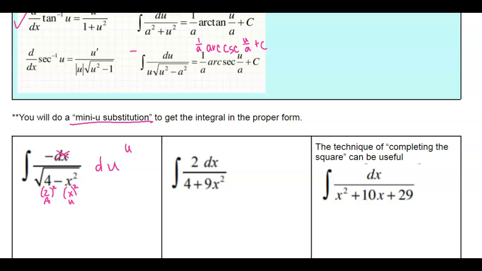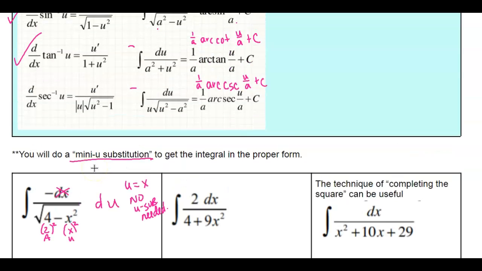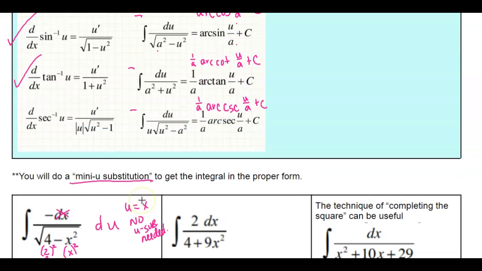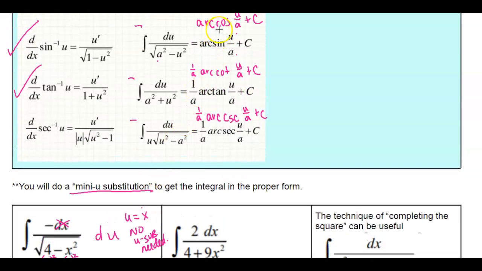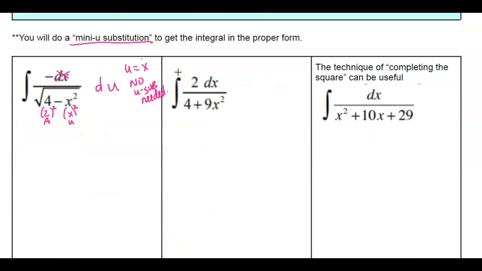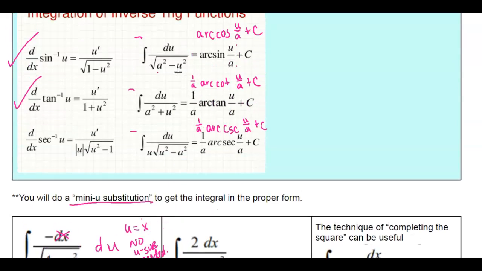So since U equals X, I don't really need a U substitution, okay? If it was more than just X, then you would need a mini U substitution. So since I've matched this up, I don't have to do a mini U substitution, we're just going to memorize that it's inverse cosine U over A plus C. So arc cosine U over A plus C. Now, once again, with the domain restrictions, you might see some absolute value signs.